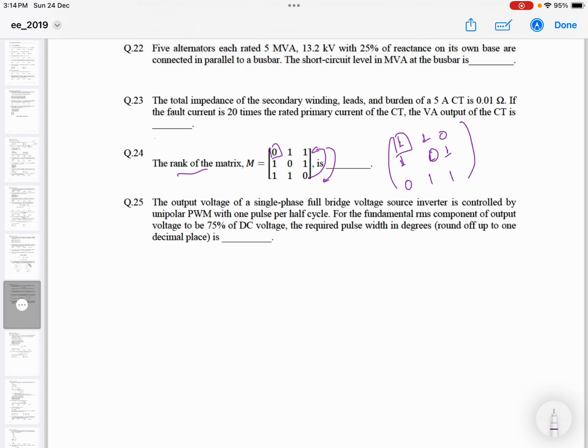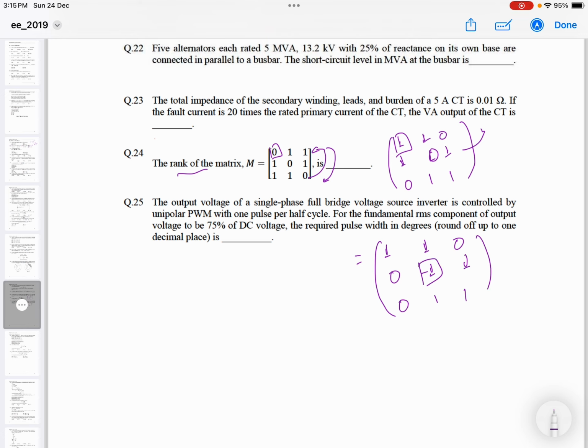Now you can pick this as pivot and apply the elimination. The first row will be the same, and from the second row you subtract the first row. So you get 0 here, and 0 minus 1 is minus 1 here, 1 minus 0 is 1, and here we will have it as it is.